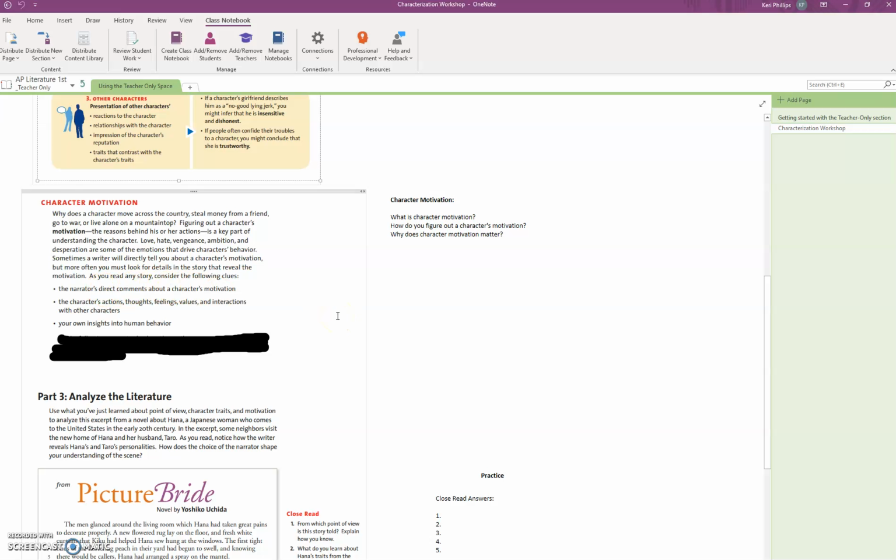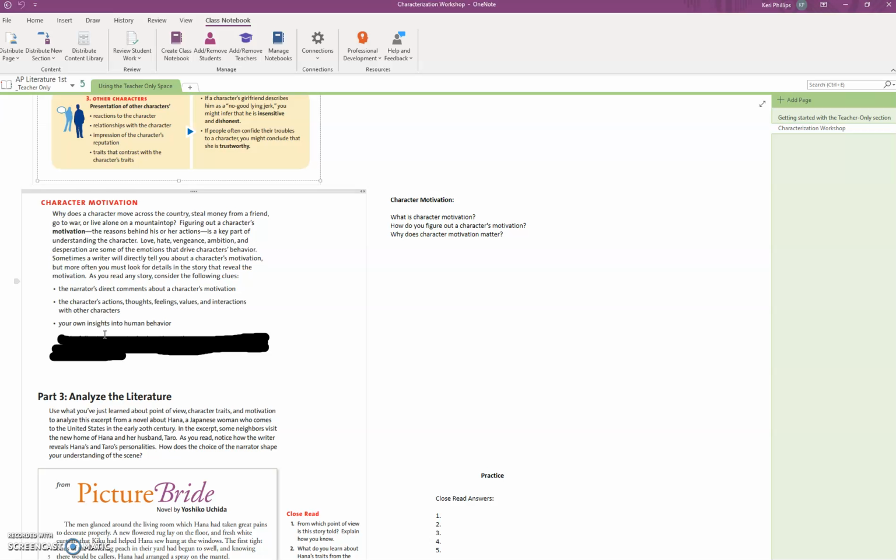They can literally just say it. But we can look to their actions, their thoughts, their feelings, their values, and interactions. And then really what helps us draw conclusions about these characters is our own insight, our own experience with real people, to help us understand who these characters are.